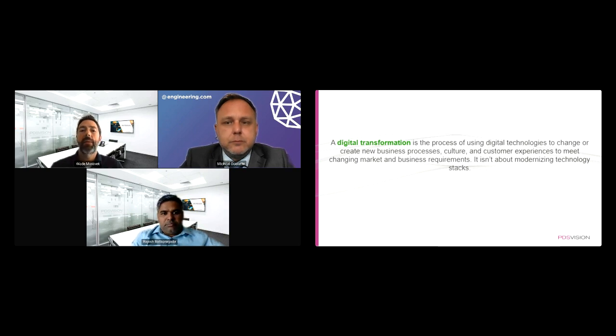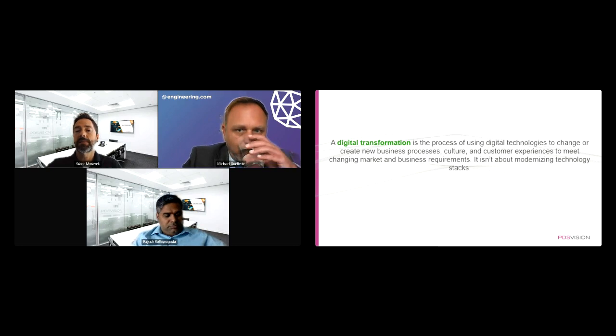And so those changes need to be tied to specific business goals and providing new value in the market or in your business. So it's not really just modernizing technology stacks. It's not taking existing technology and moving that to the cloud or upgrading systems. It's really changing those processes and changing the culture that goes along with those processes.